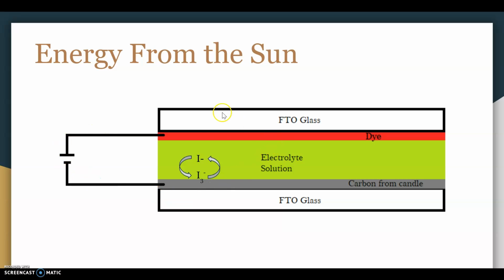So there needs to be more electrons on the dye side than on the carbon side, so that the whole circuit can continue. This is what the redox reaction accomplishes between iodide and triiodide. So that keeps it all going and functioning in a nice circuit.